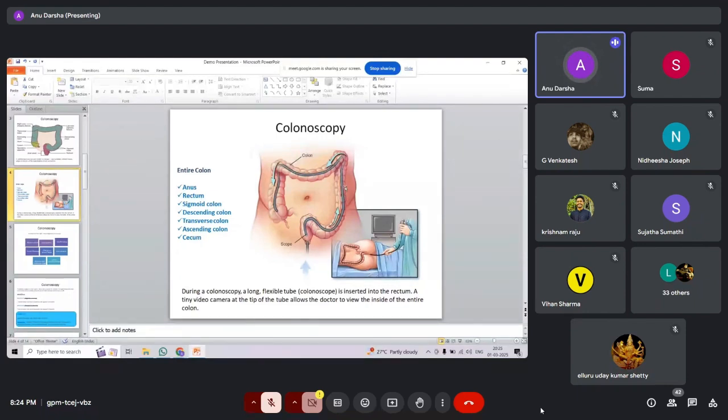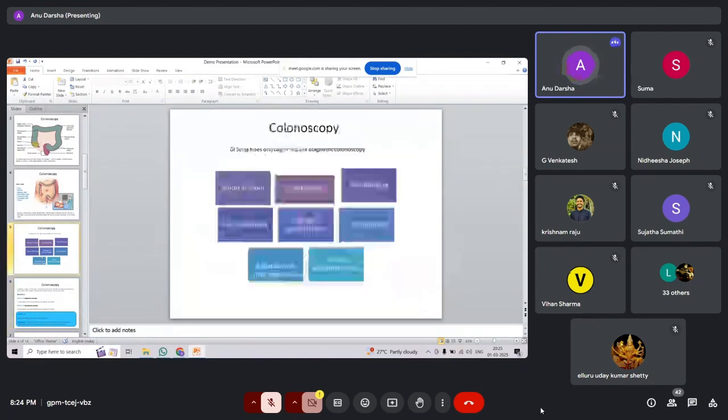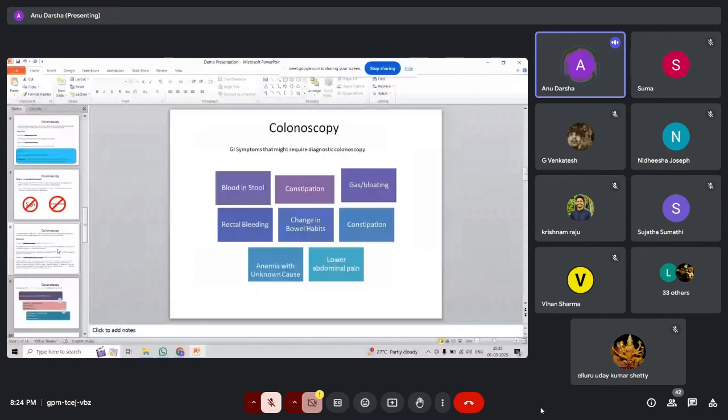And if it is crossing this area, then whether it is therapeutic or diagnostic, based on that, again you have to use the appropriate modifier, either a 53 or a 52 modifier. Any of these modifiers will go along with your CPT code range.